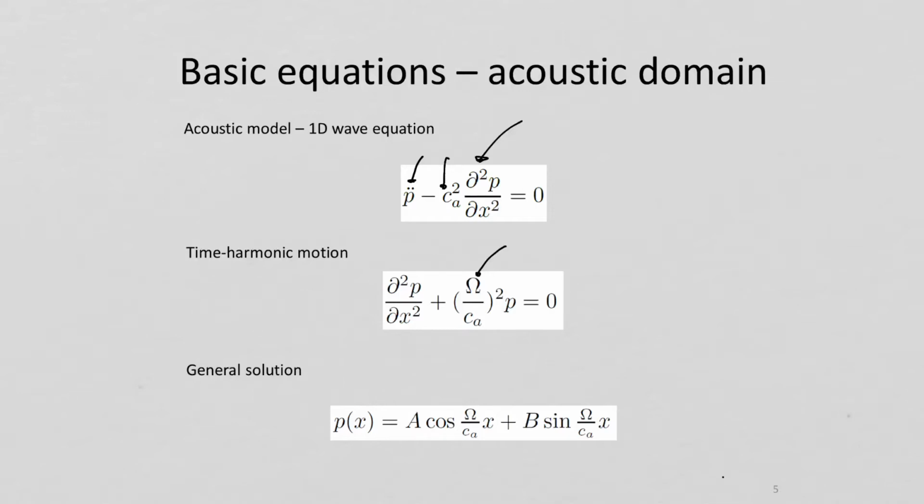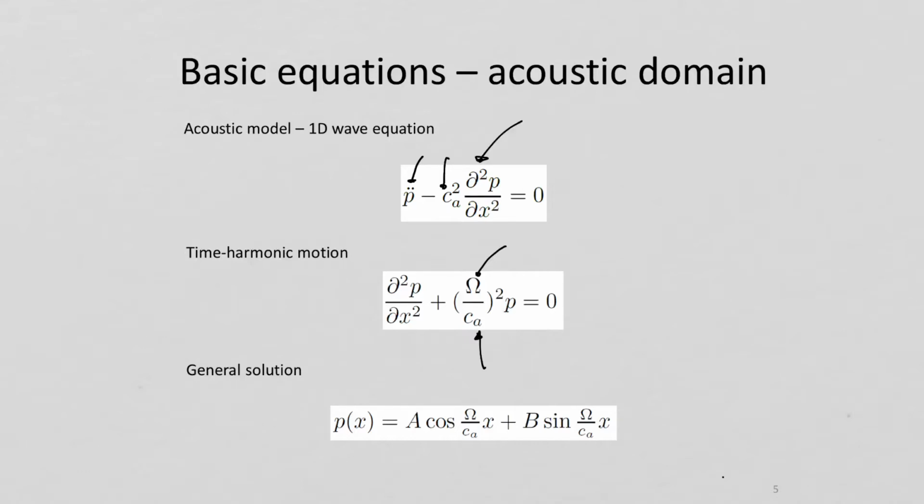So this gives us the basic equation that we want to solve. This is a very well-known differential equation, and we have the general solution for it. So we can write up the solution for the pressure inside the acoustic channel directly.